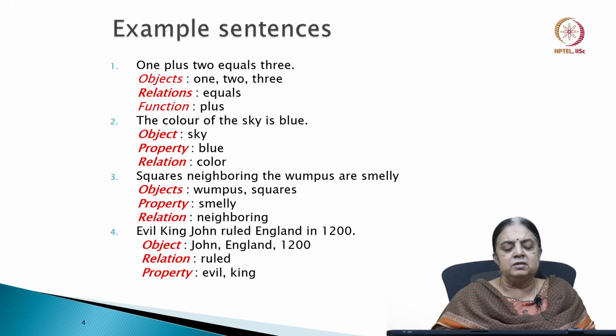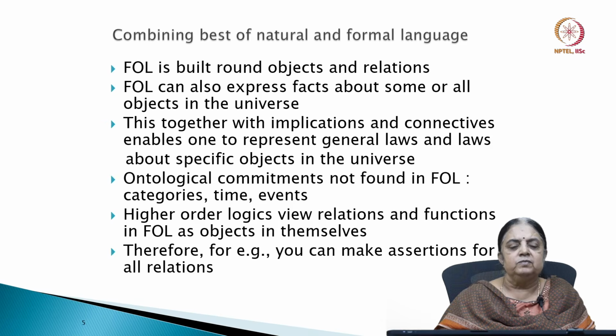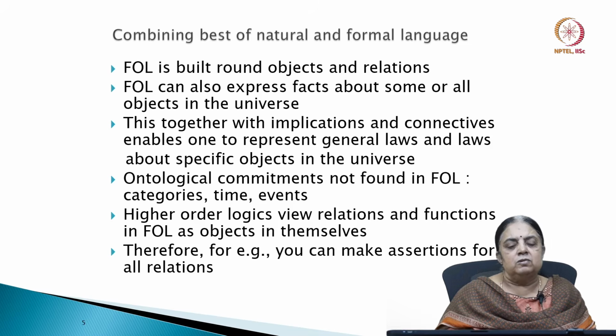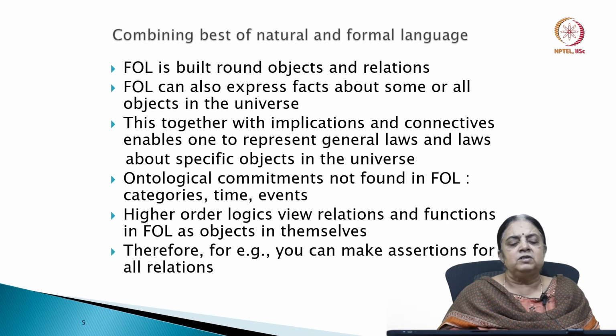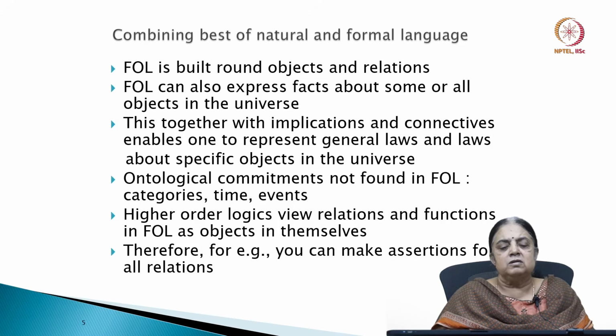The property is evil king, etc. So in this way, any sentence you have, you can break it down into these different characteristics of the sentence. So the first order logic mostly consists of objects and the relationship between objects, or the relationship between an object and itself, etc.